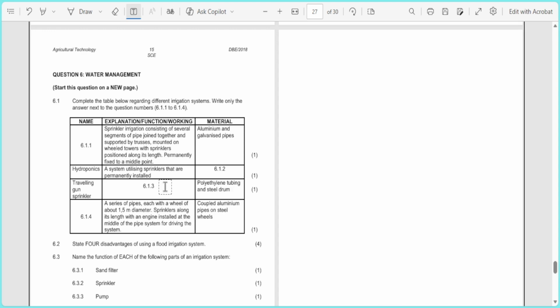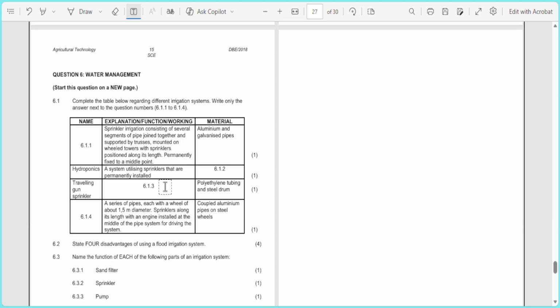The explanation is that the sprinkler irrigation consists of several segments of pipe joined together and supported by trusses mounted on wheeled towers, with sprinklers positioned along its length permanently fixed to a middle point.